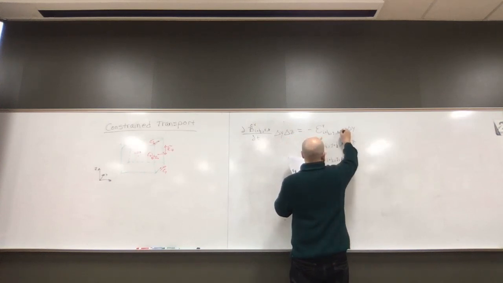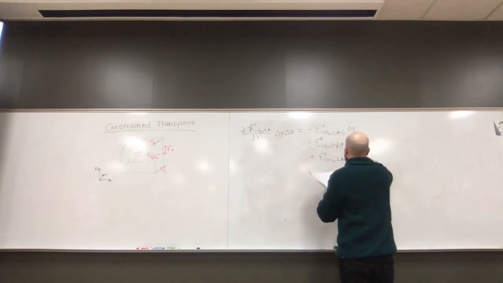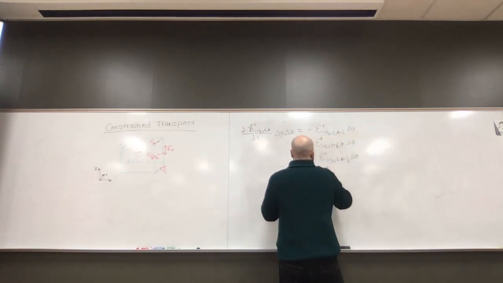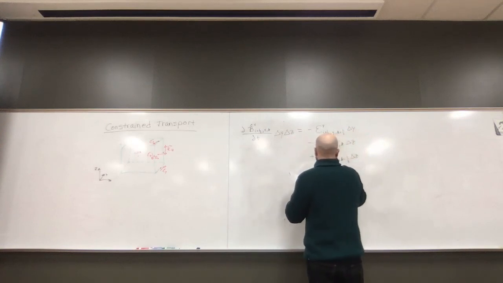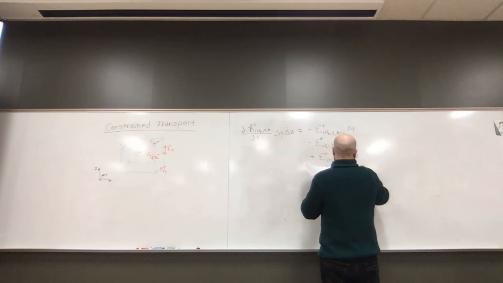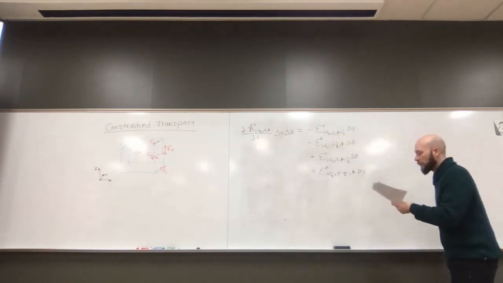I got an index messed up here. Let's call that top one k plus 1/2. And then EZ, the electric field there, i plus 1/2, j minus 1/2, k, delta Y. So that's how I get that time derivative.